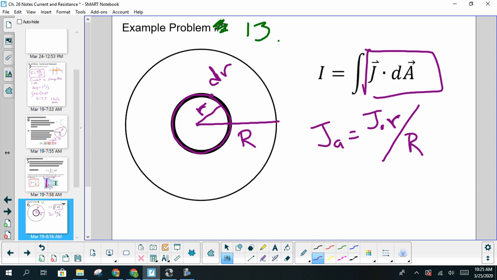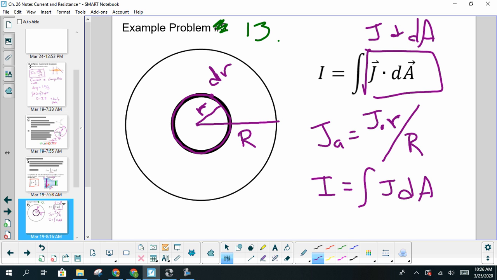Therefore, this statement simplifies to I is equal to the integral of J times dA, our current density times our area. The angle between J and dA is going to be 0 degrees.